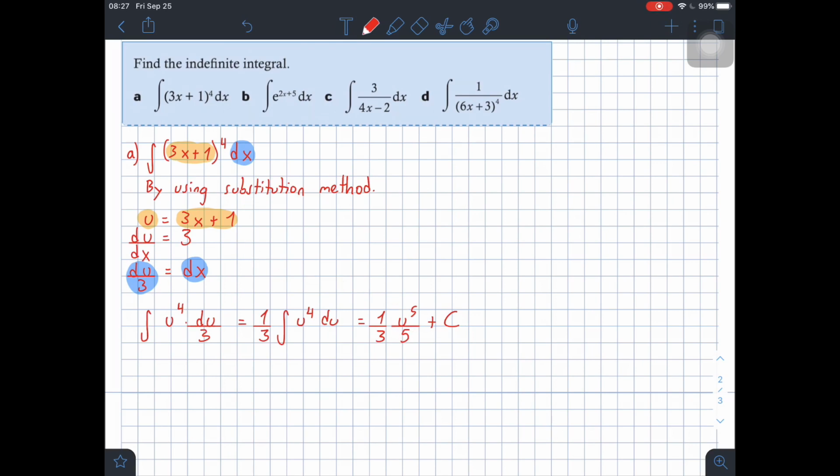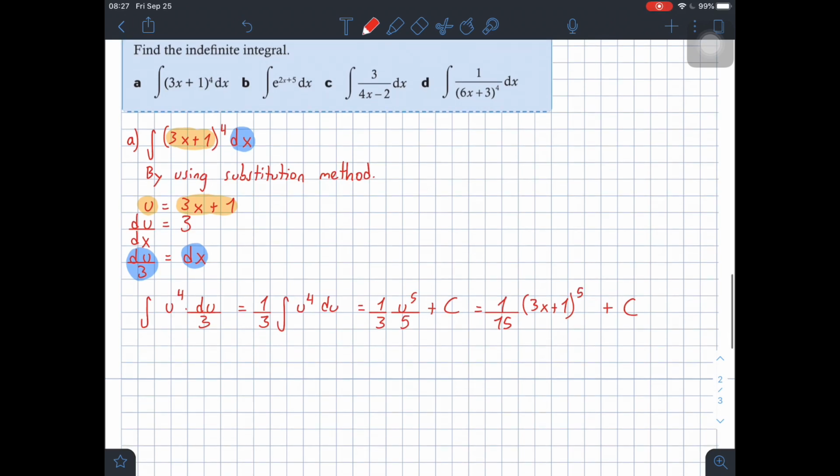So that's the only thing I need to do here. Rewrite this, I can multiply the 3 and the 5, and I will have 1 over 15. And instead of writing u, I'm going to write its equivalent, 3x plus 1, to the power of 5, right? Because it was u to the power of 5, plus c. And this would be the result for this integral.